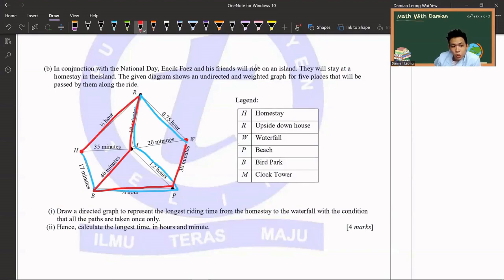Okay, so we compare the two paths here. Which one has a bigger duration, bigger weightage.